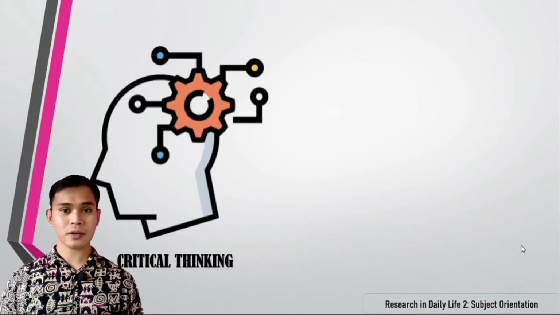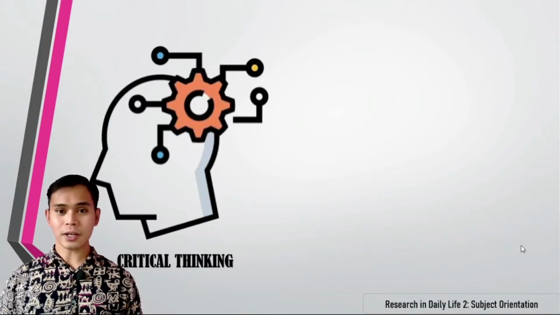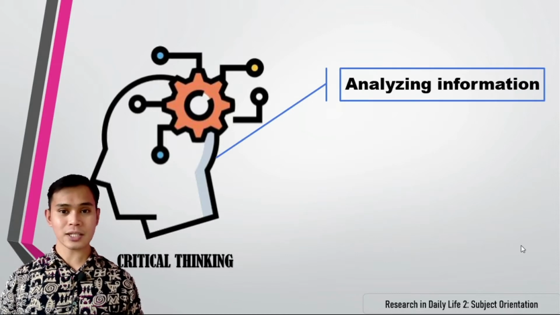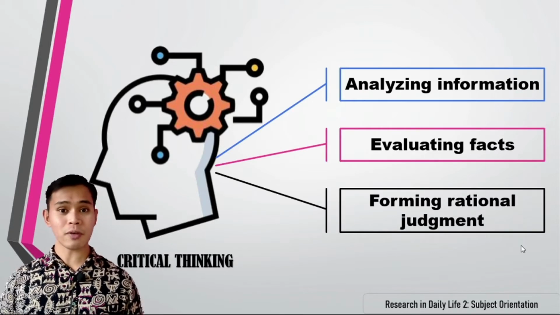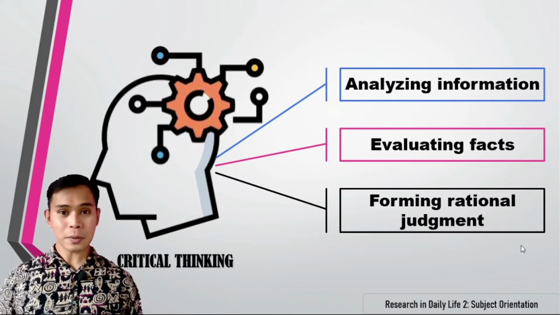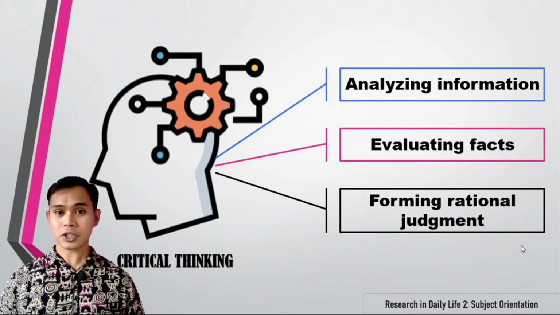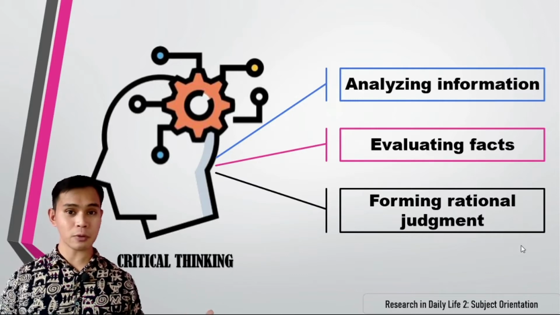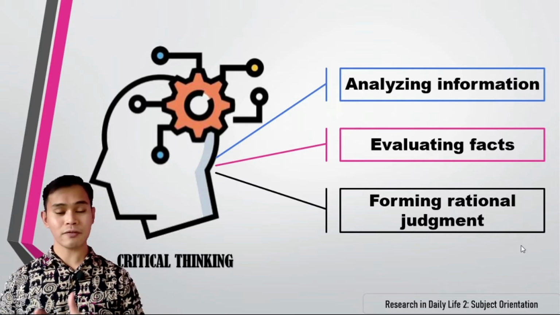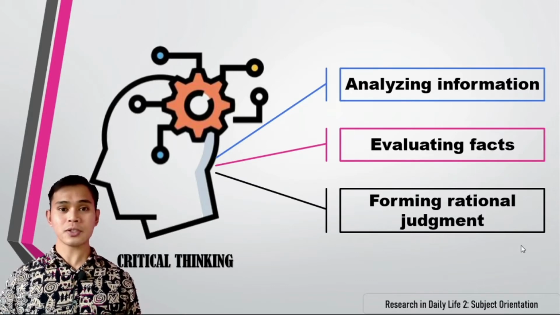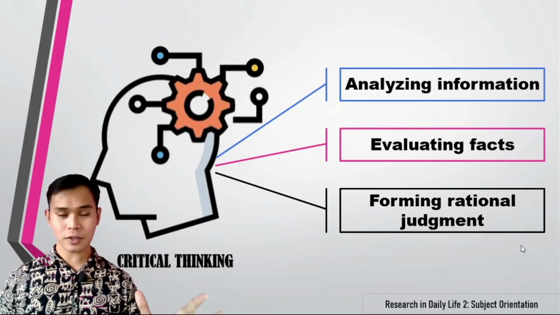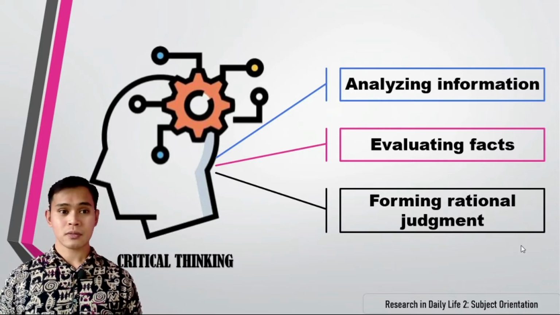Let's start with critical thinking. Critical thinking usually involves analyzing information, evaluating the facts, and forming rational judgment. A person who practices critical thinking is able to identify which particular information is relevant or reliable and which is not valid. A person who is a critical thinker would be able to discern whether this particular source of information is reliable or fake.